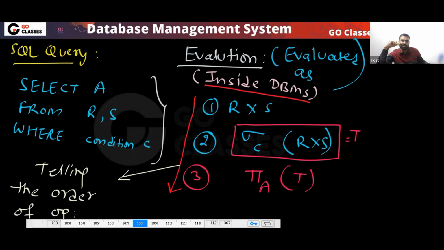Isn't it hypocrisy? You told me SQL is declarative, and now you tell me the order of operations. Isn't it a contradiction?